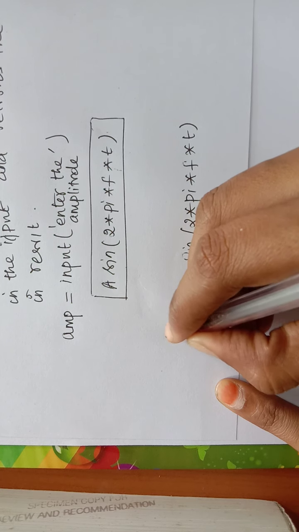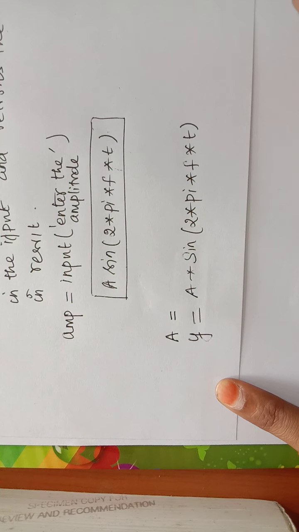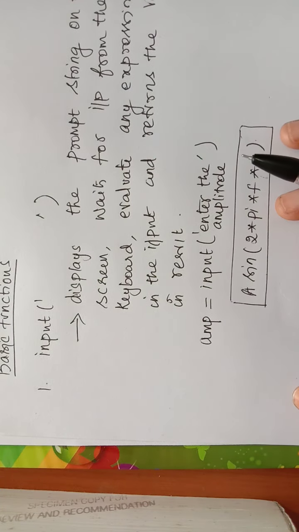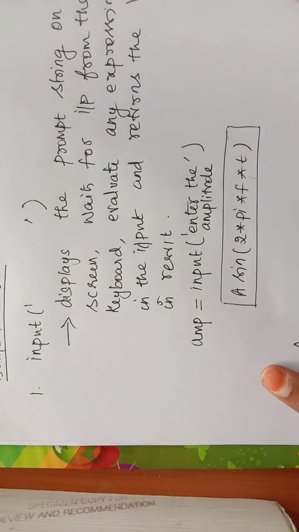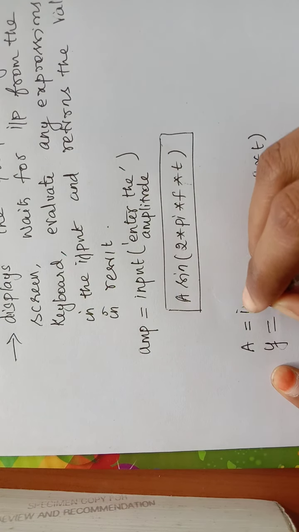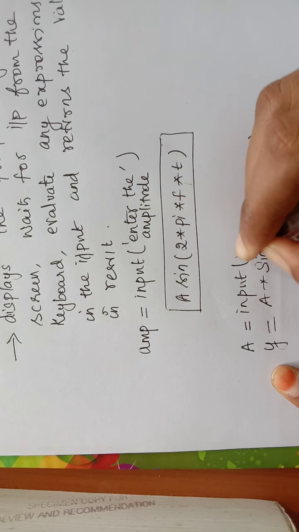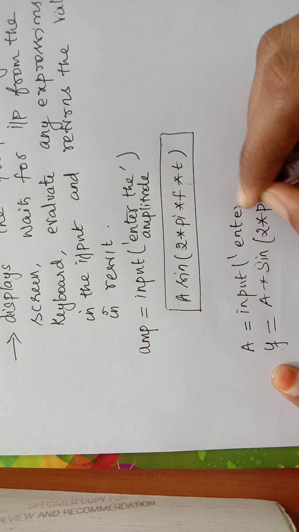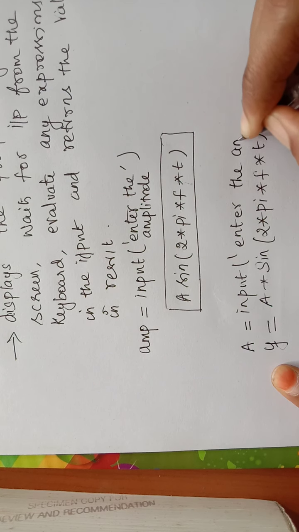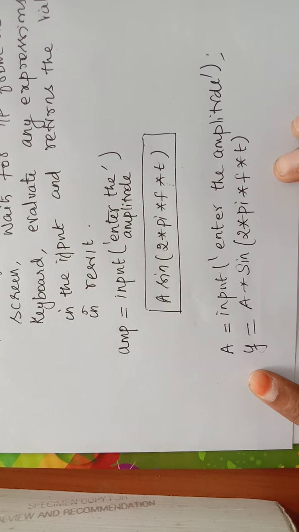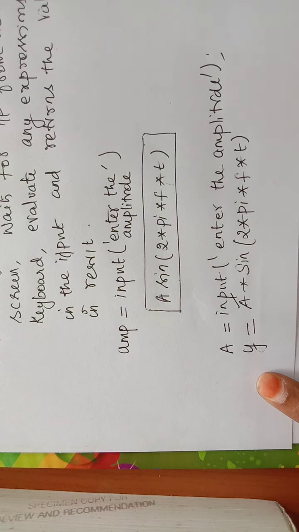So first I'm going to get an input for the amplitude using this input function. Now A equal to input, and inside these quotes we need to give a message, that is, enter the amplitude. Okay, then this A part is over, right?